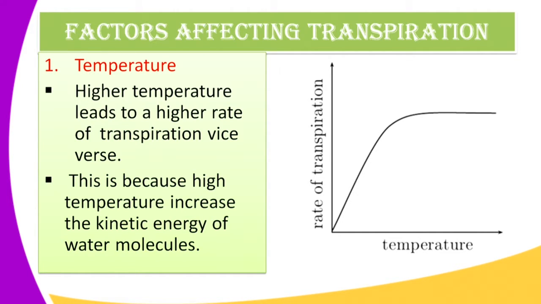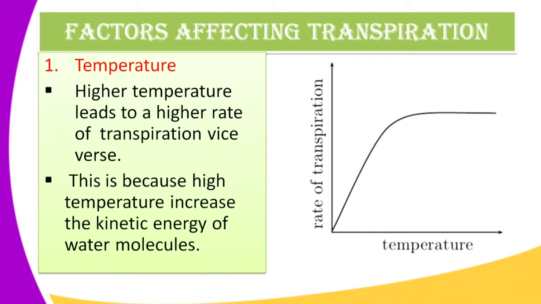So looking at our curve, when the temperature is high, the rate of transpiration will also be high until it reaches an optimal range where the rate of transpiration is just going to be the same, or it's going to be flat. So an increase in temperature increases the rate of transpiration. A decrease in temperature will decrease the rate of transpiration because the kinetic energy is going to be also low.